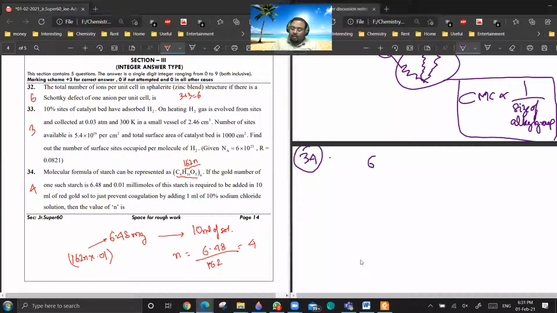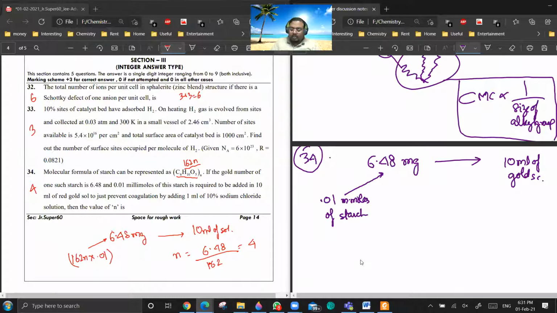This means that 6.48 milligrams of starch is required for 10 ml of gold sol. Now, this 6.48 mg is coming from 0.01 millimoles of starch.